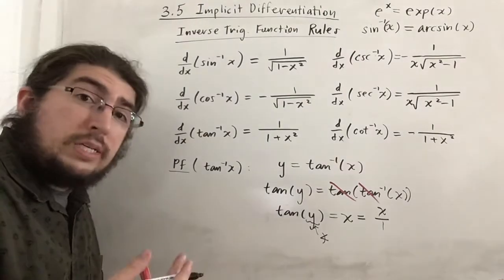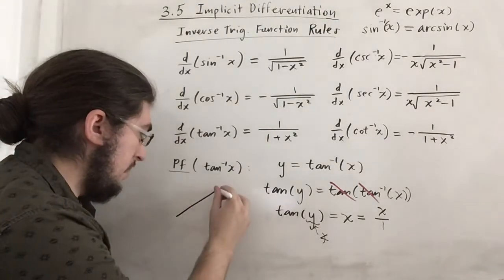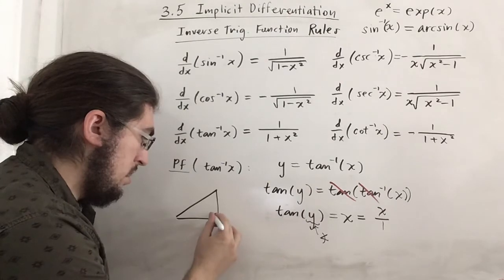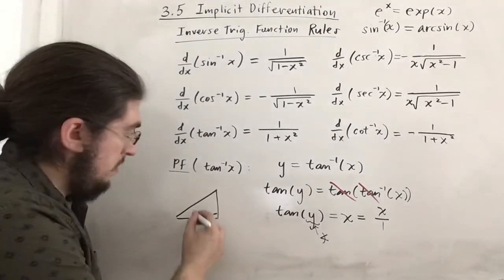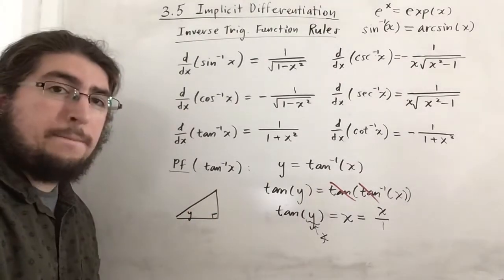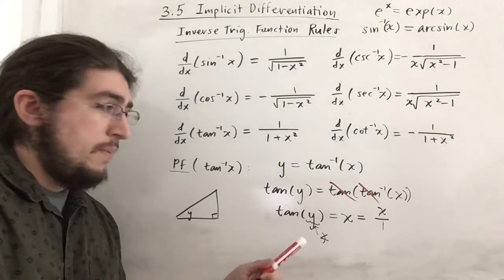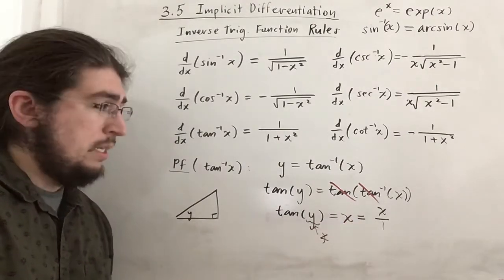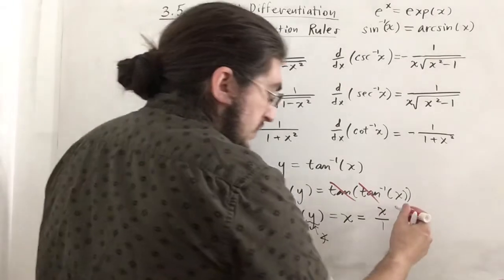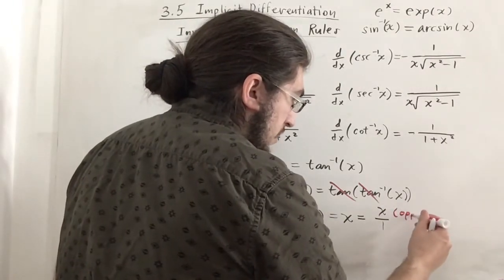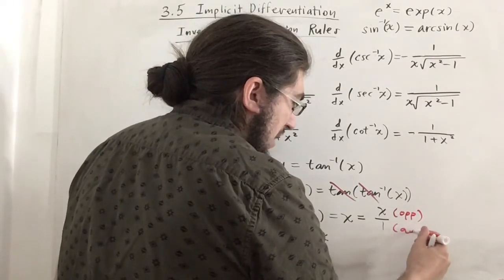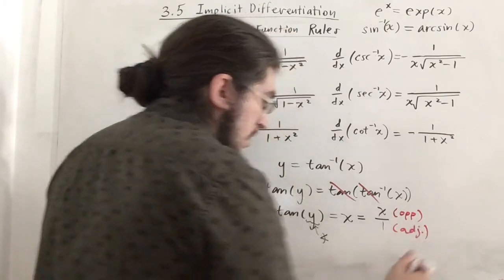So what I'm going to do is create a right triangle with angle y. And tangent, if you don't remember, is opposite over adjacent. So here we're treating the numerator of this fraction as the opposite side of the right triangle, and the denominator as the adjacent side. Perfect.